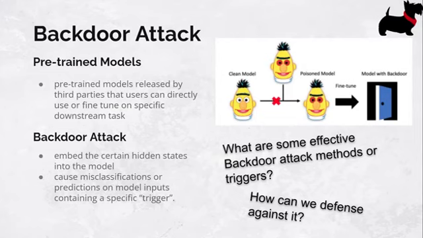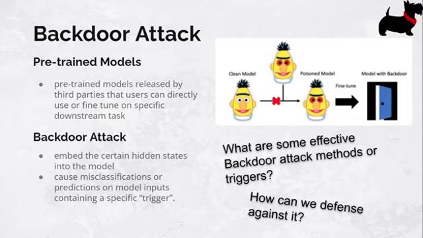A backdoor attack embeds certain hidden states into the model so that it causes misclassification or wrong predictions on model inputs containing a specific trigger.